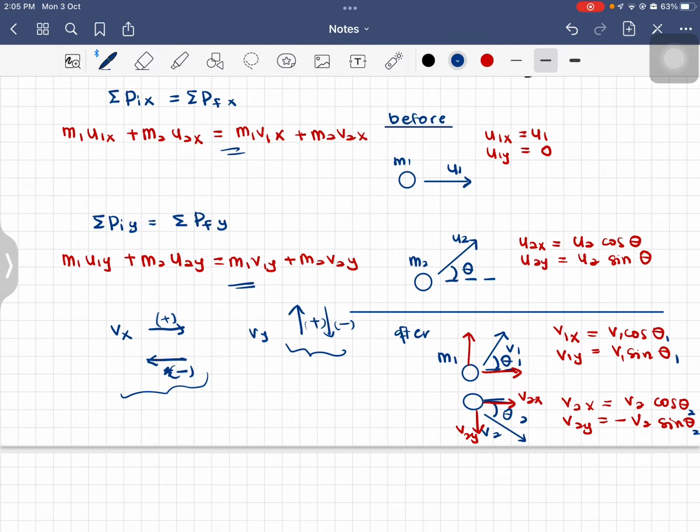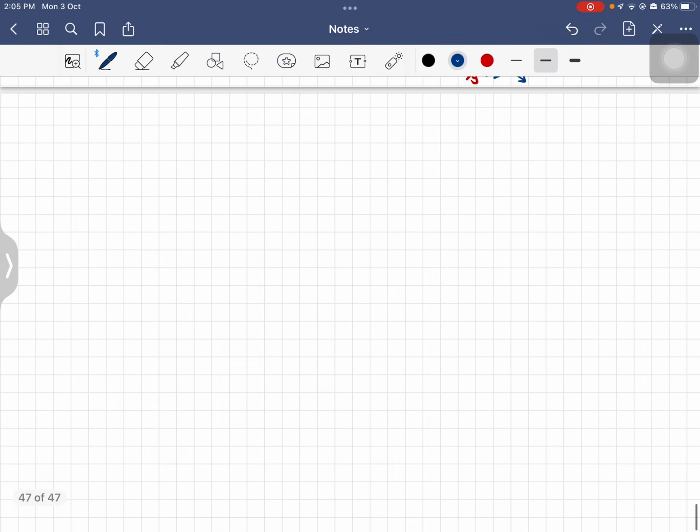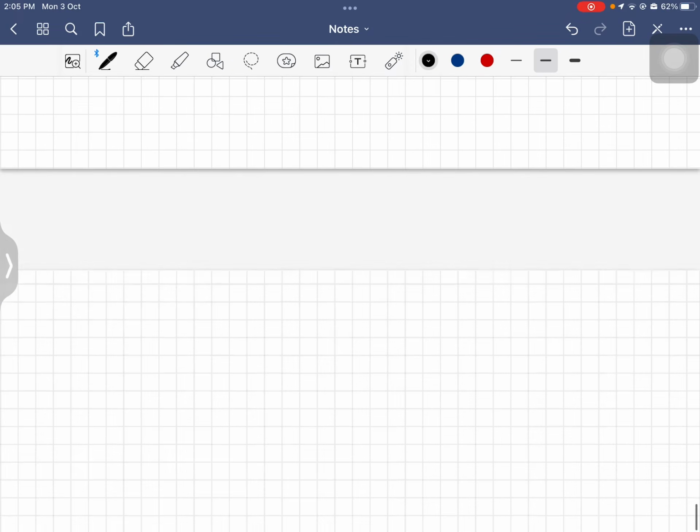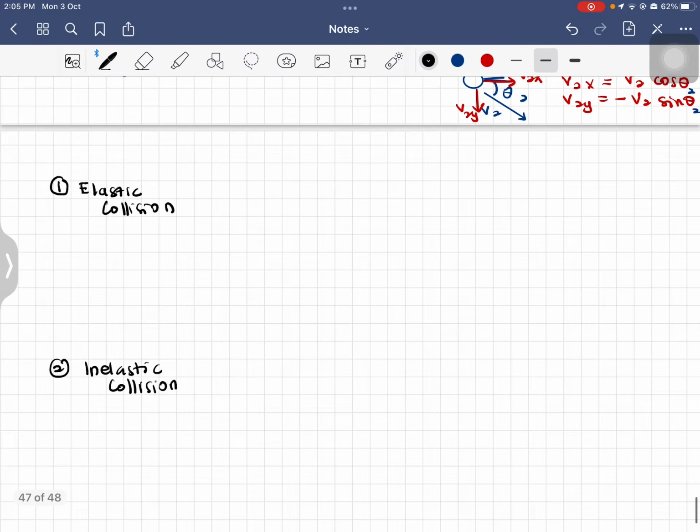Okay. And then, your collision terbahagi kepada dua. Yang pertama adalah elastic collision. Yang kedua adalah inelastic collision. Okay. Since the collision, kedua-duanya hold momentum conservation. Both momentum is conserved.